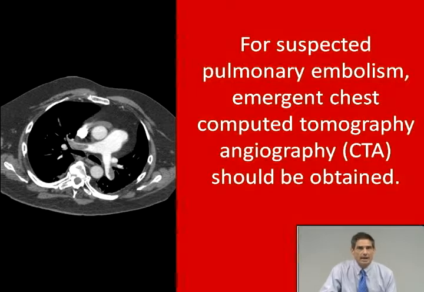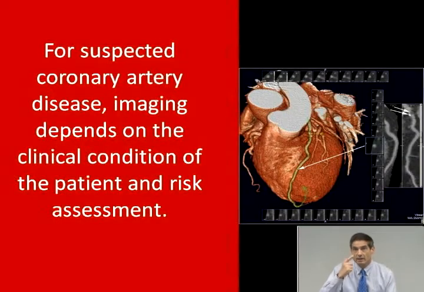The third point is that in those patients that have severe shortness of breath, severe chest pain, and for those reasons or for any other reasons are suspected to have a pulmonary embolism, emergency chest CT angiography, or CTA, should be obtained. Finally, for those patients with suspected coronary artery disease, imaging depends on the clinical condition of the patient and risk assessment.